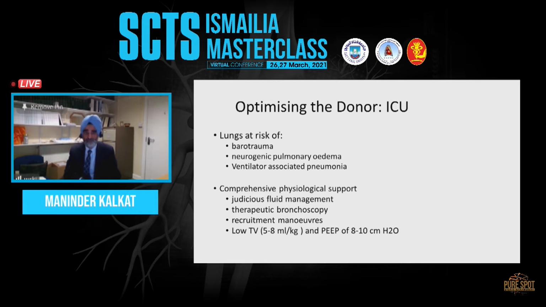So a very comprehensive physiological support is what we need to give them right in the beginning, with clear fluid restrictions, undertaking gentle therapeutic bronchoscopies, and then recruiting the lungs and keeping the tidal volume between 5 to 8 milliliters per kg and PEEP of about 8 to 10 centimeters of water.